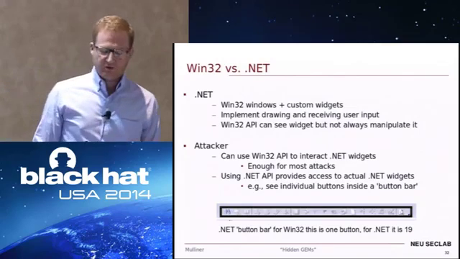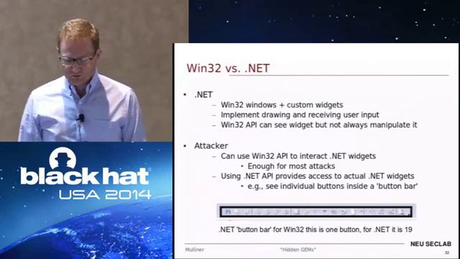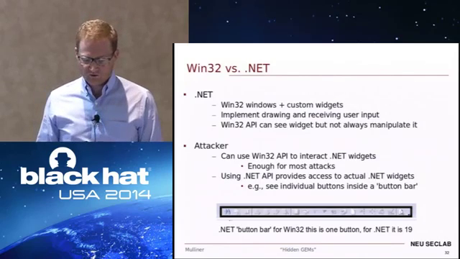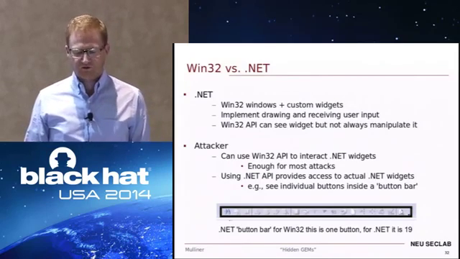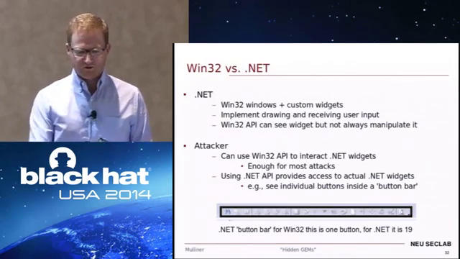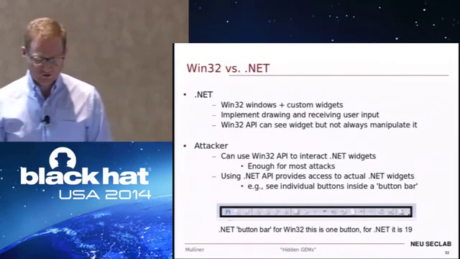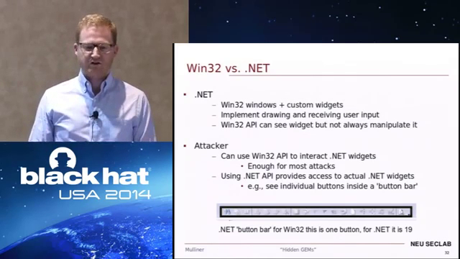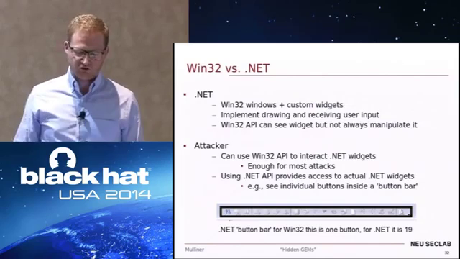Some of our applications were .NET applications, and .NET is all, how do you call those things, non-native stuff, managed code. But they still have, of course, native libraries that then use the Win32 API to actually draw windows.